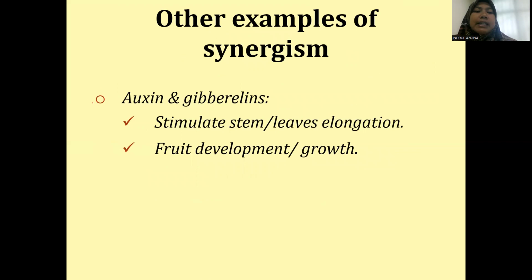Right. So now let's see the second example of synergism. The second example of synergism is between auxin and gibberellin, where they are involved together in stimulating stem and leaf elongation, as well as fruit development and growth.